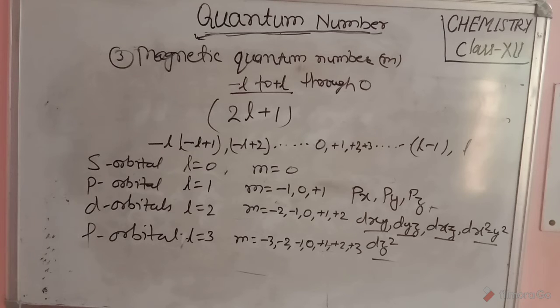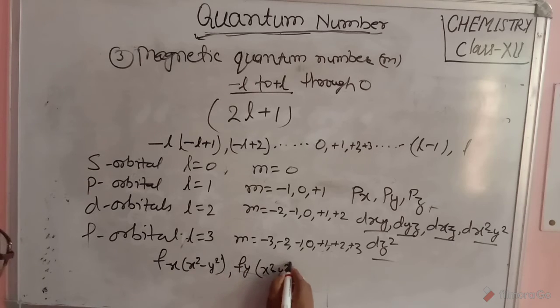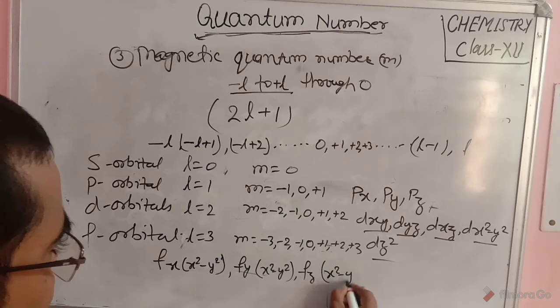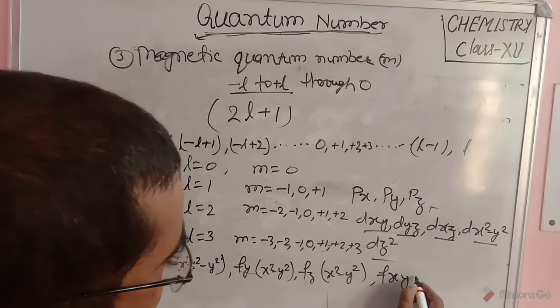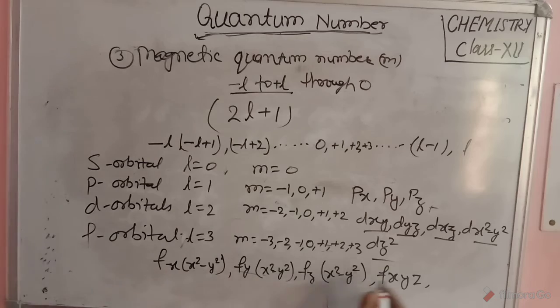That's why for f orbital, these 7 orientations are f x square minus y square, f y x square minus y square, f z x square minus y square, f x y z, f z cube, f y z square and f x z square. These are the 7 orientations of f orbitals.